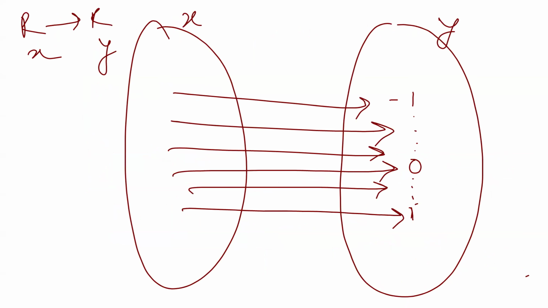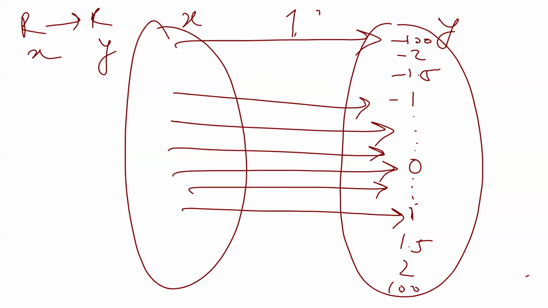Let me ask you a very simple question now. If the value is 1.5, 2, or maybe 100, or -1.5, -2, or -100, will there be a pre-image for these values? Please answer.